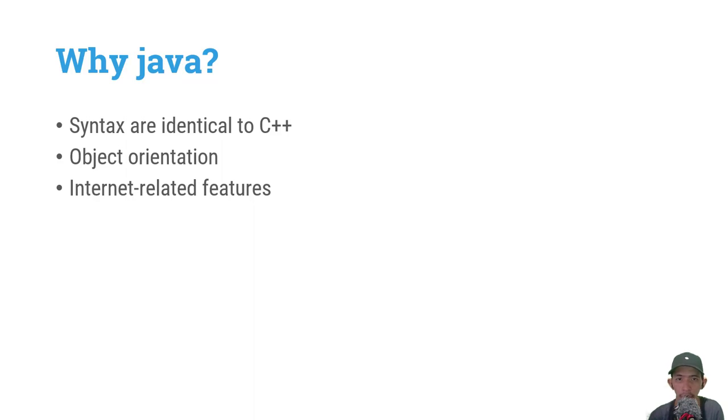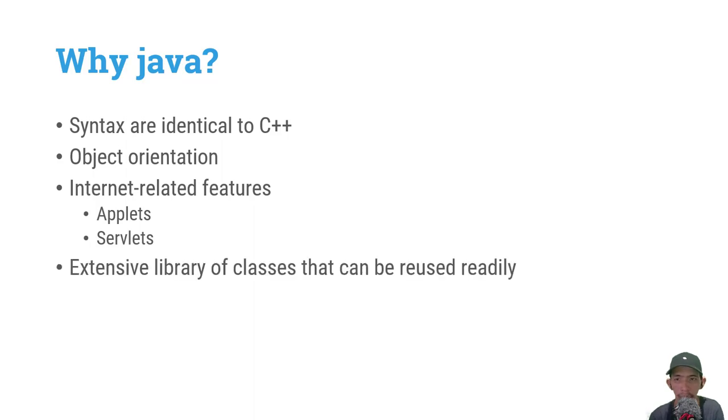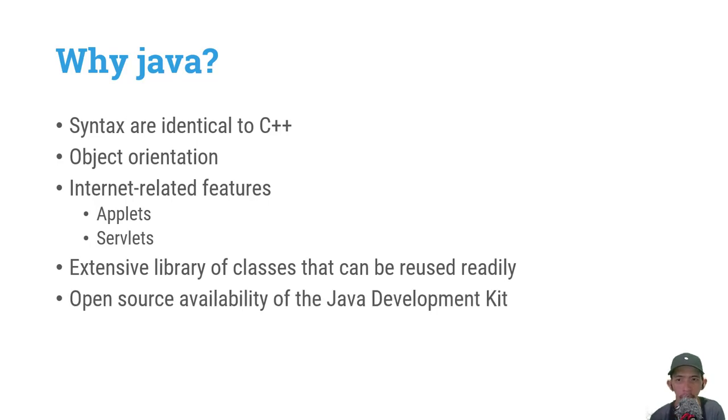Number three, internet-related features like applets na nagraran sa mga browsers, servlets na nagraran sa mga web servers, extensive library of classes na pwede na natin gamitin anytime at tatawag-tawagin na lang natin tong mga to, like swing classes for graphical user interface and Java Database Connectivity or yung JDBC na tinatawag for communicating with database. And open source availability of the Java Development Kit.